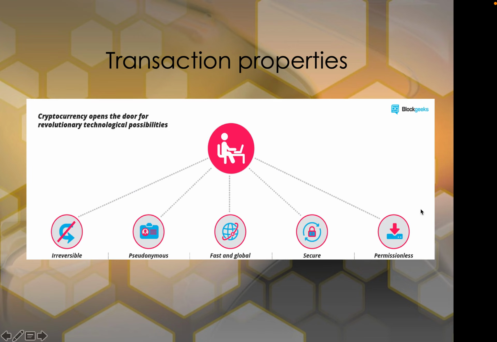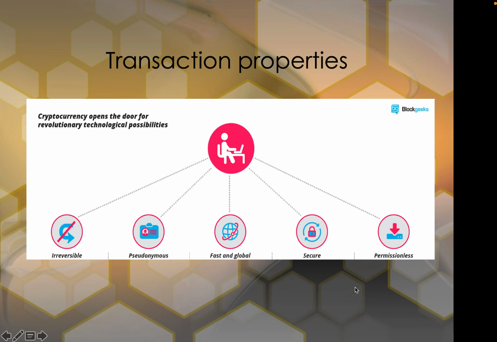Permissionless. I'll mention this. Permissionless actually means everybody can be a miner. Everybody can contribute. If you have some computation power, you can verify transactions, right? You can add blocks. So this is called permissionless. That's the original version of Bitcoin.